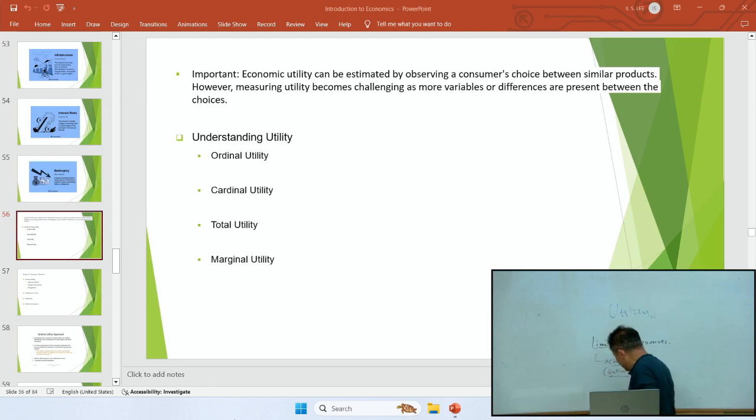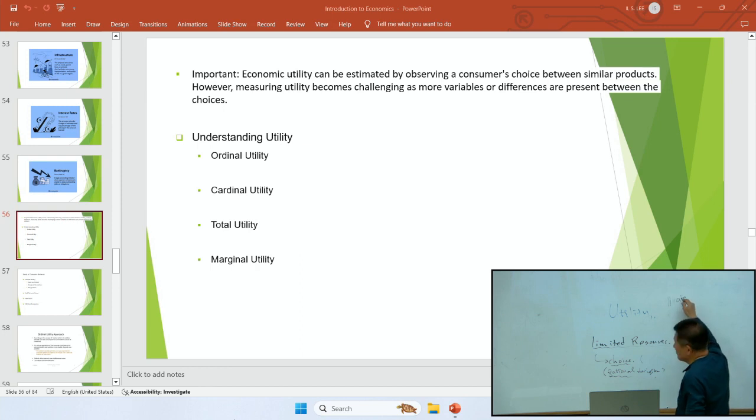But utility is used like this. I have only $10 in my pocket. Now I'm very hungry, so I want to buy a hamburger. But I have to do a report, so I will make copies for the report.